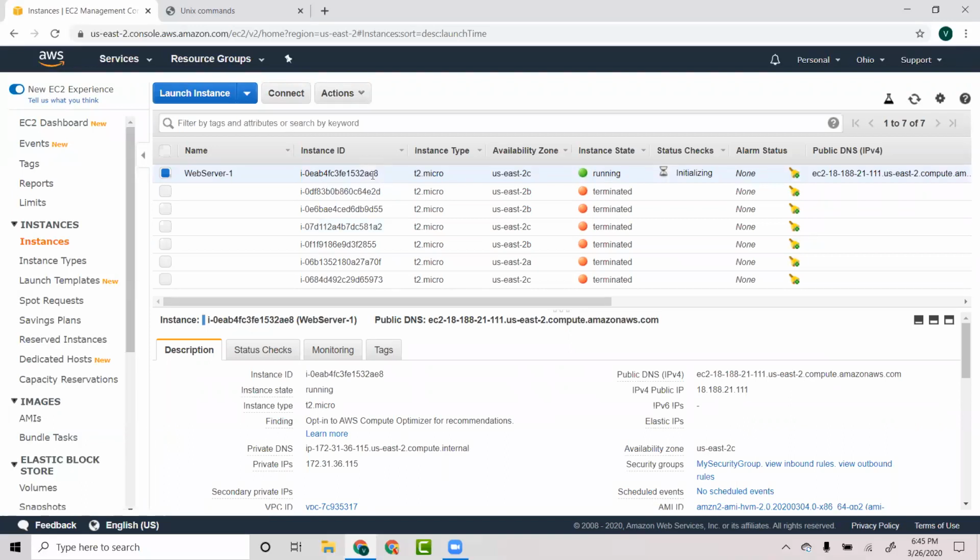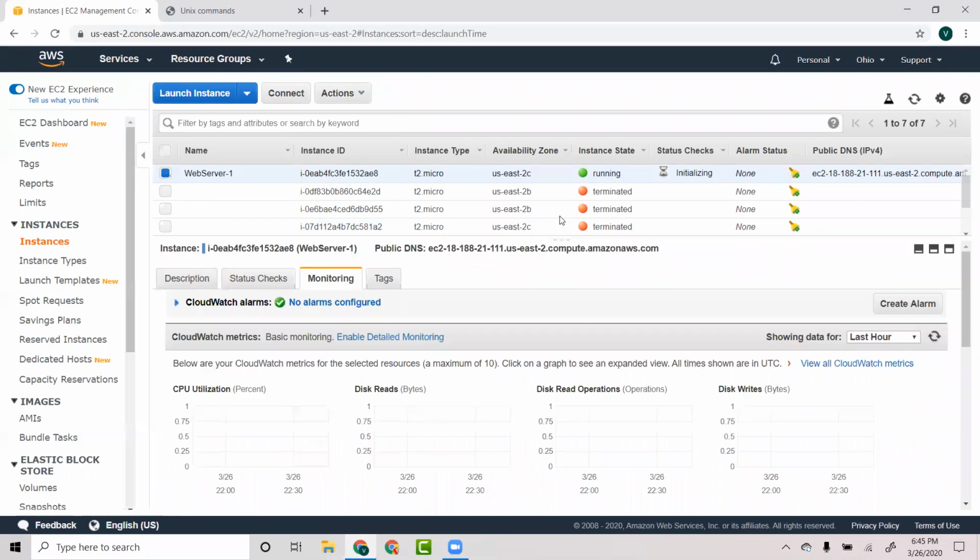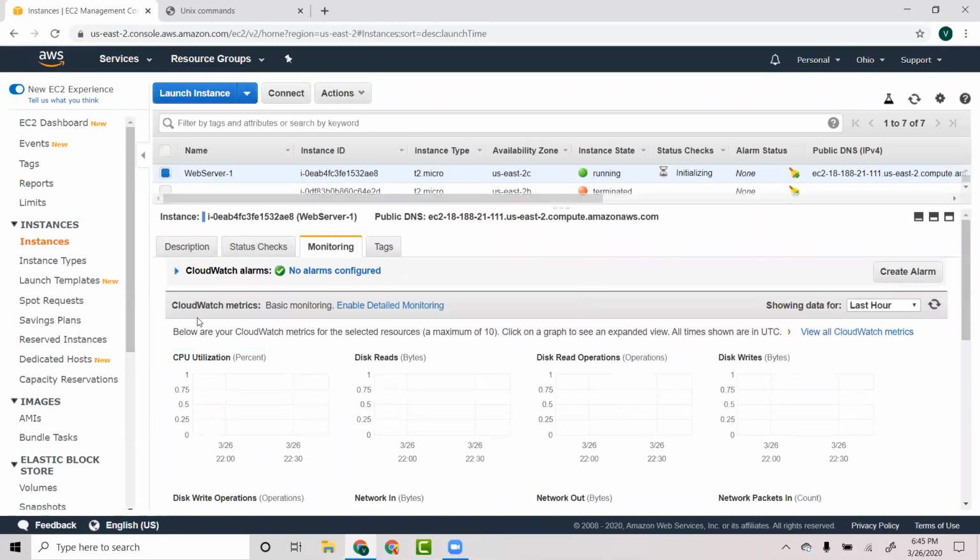By default, Amazon will give you the most basic monitoring, which runs every 5 minutes. Basic monitoring gets the metrics every 5 minutes.